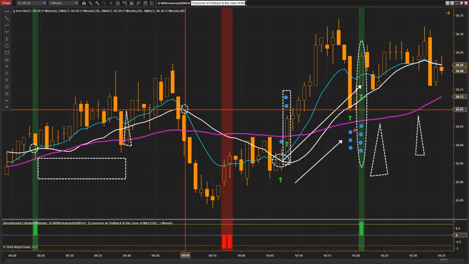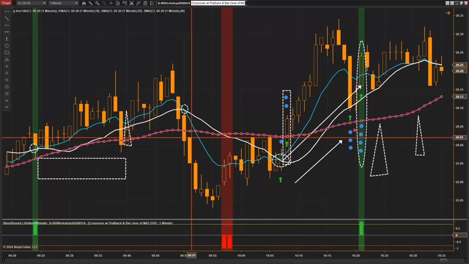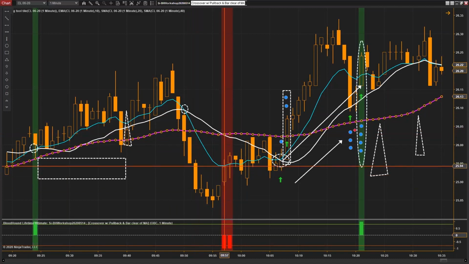All right, so we have the crossover, moving averages crossover, and then the bar touches or basically penetrates through the slow moving average, and then we get a bar pullback to the fast moving average. Yep. Cool.